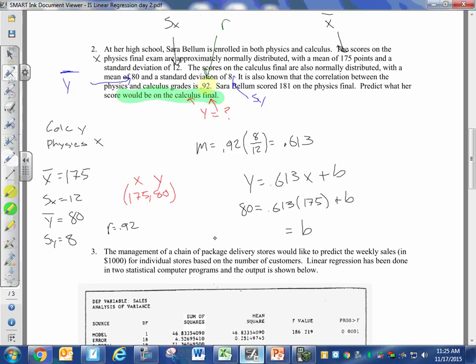You have m, so y equals 0.613x plus b. So that's your b. Now you have your equation, y equals mx plus b. Now you use that equation.